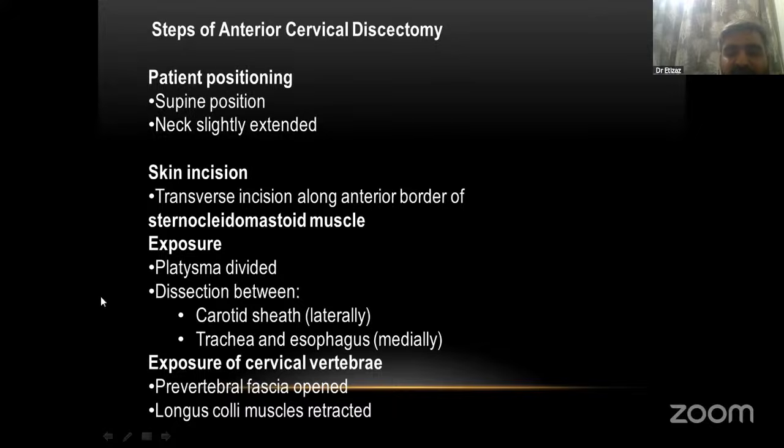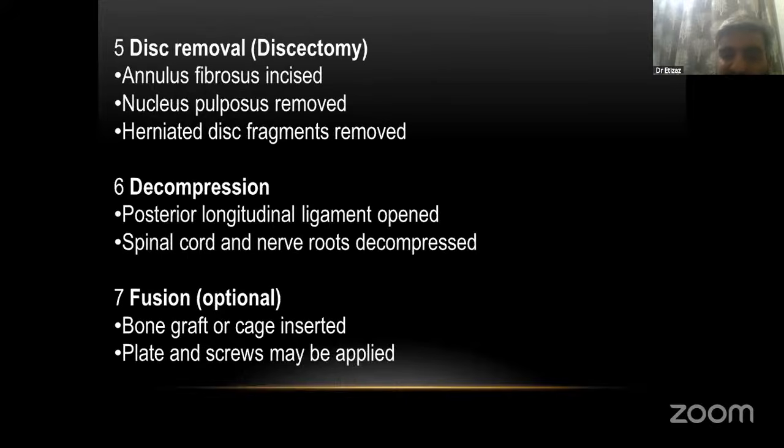After that, we see the exposure of the cervical vertebrae. We have to appreciate and address the prevertebral fascia, then open it. Then we will see the longus colli muscle, and retract the longus colli muscles laterally, bilaterally. After that, we localize the disc level with the help of a spinal needle, any kind of needle.